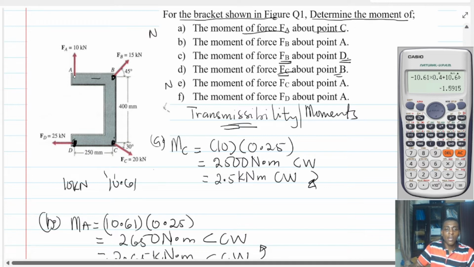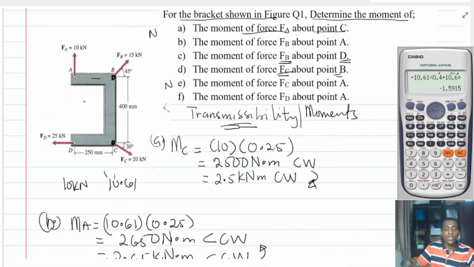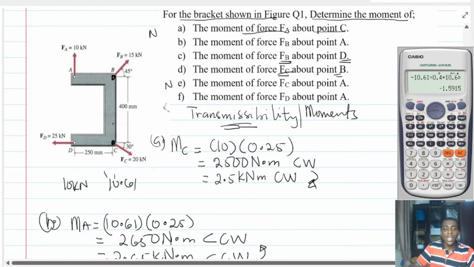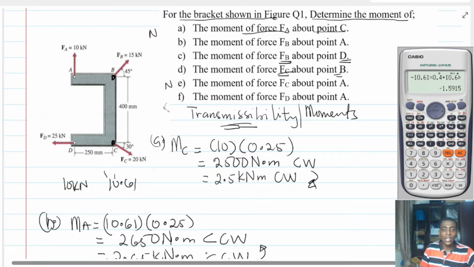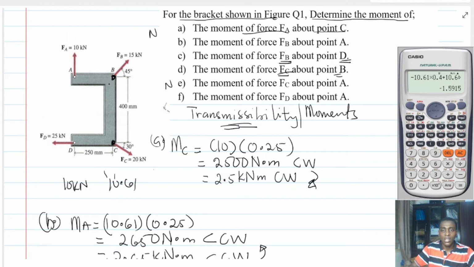Point B. Is that right? So how am I going to do that? Again, I'm going to use the principle of moment and then the principle of transmissibility. Is that right? Okay, so we are looking at the fourth point, which is FC about B. Is that right? So let's use the principle again.